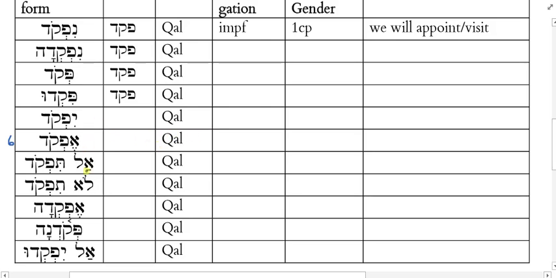Let's compare number 6 to number 9 here, okay? You see F code. Everybody say that with me. F code. And then number 9, F kada. We have the same 3 root letters in both of these, don't we? Pei kof dalet. Pei kof dalet. We have the same prefix.